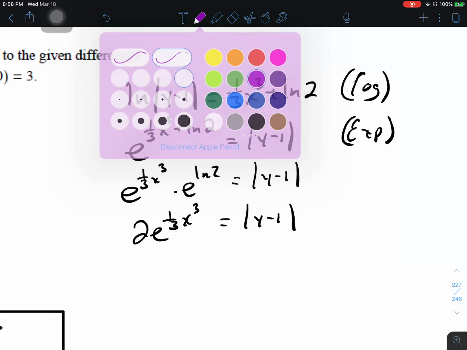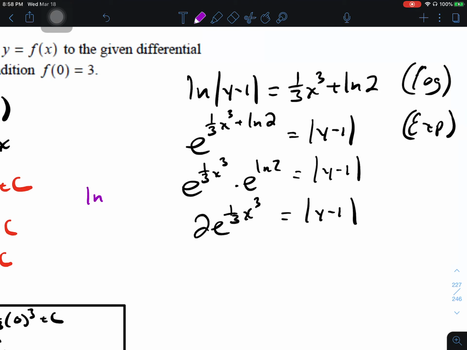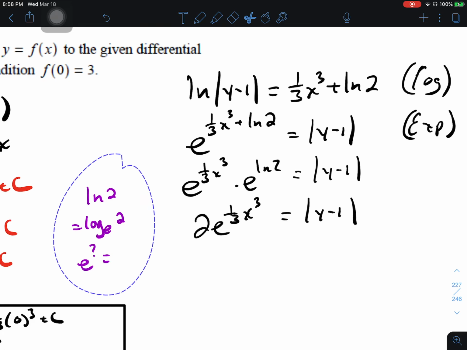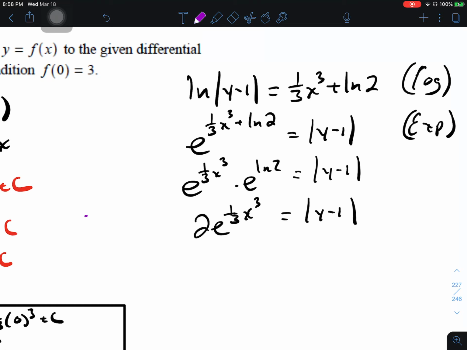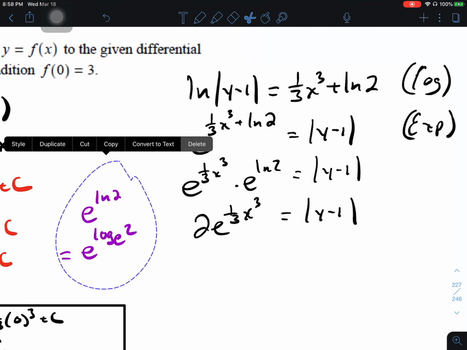The reason that becomes 2 is that e to the natural log of 2 is e to the exponent of log base e of 2. We had an identity in pre-calc that says if your base has an exponent that's a logarithm with the same base, it just becomes the argument. It's really not part of our work.